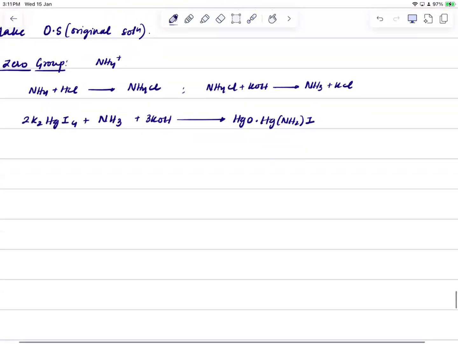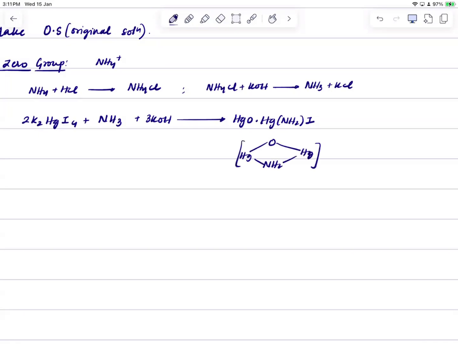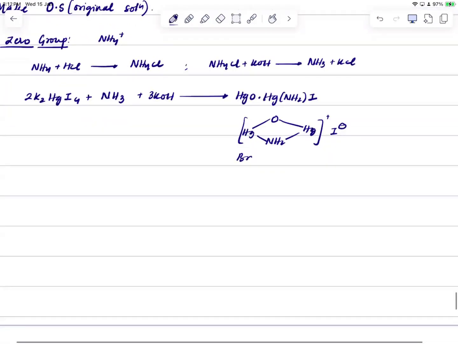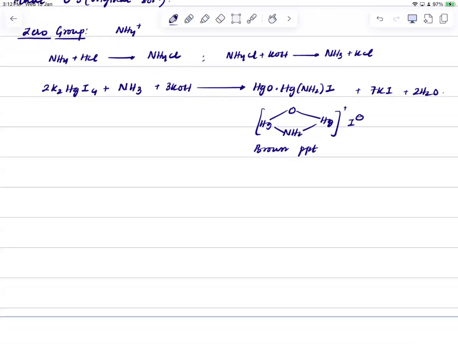So this is the compound formed. In this case, oxygen and NH2 are at the bridge positions with two mercuries this way. This is the structure, with plus and iodine minus. And this will be a brown precipitate, plus 7 moles of KI plus 2H2O. So this is the overall reaction, guys. Remember, this is basic mercury(II) amido iodide. Alright, amido iodide.